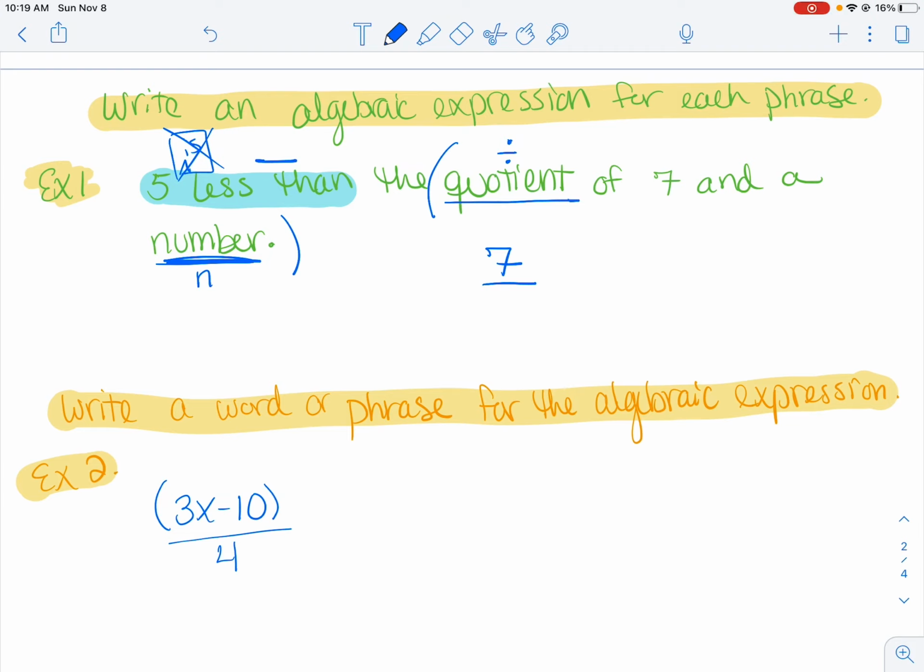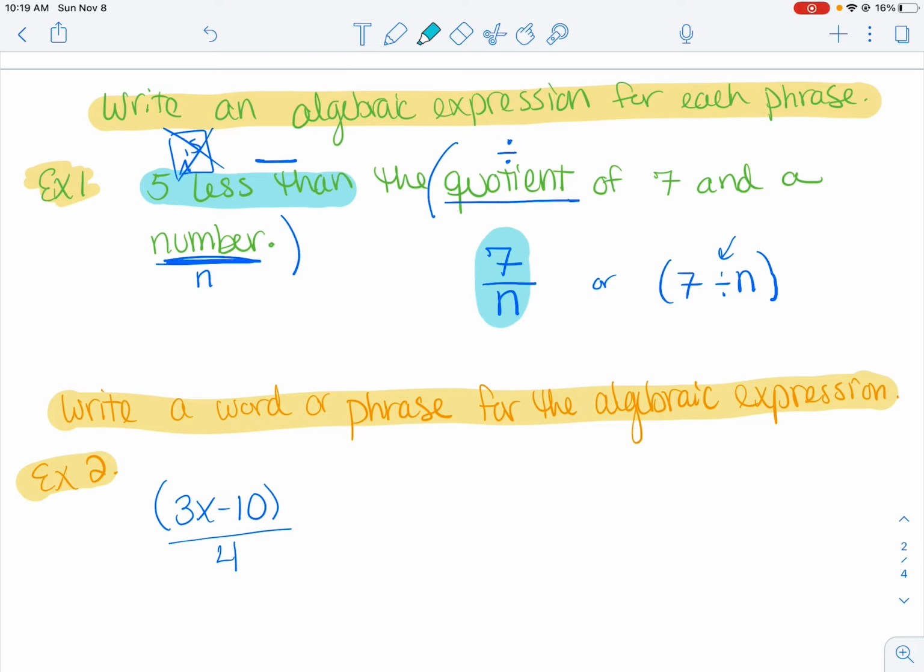So I might use n, okay? So the quotient of 7 and a number I could write like that, or I could write as 7 divided by n. I want you guys to try and get away from using the old-fashioned division symbol, okay? Just because it's a little elementary. So when you write the quotient, see if you can write it as a fraction, okay?